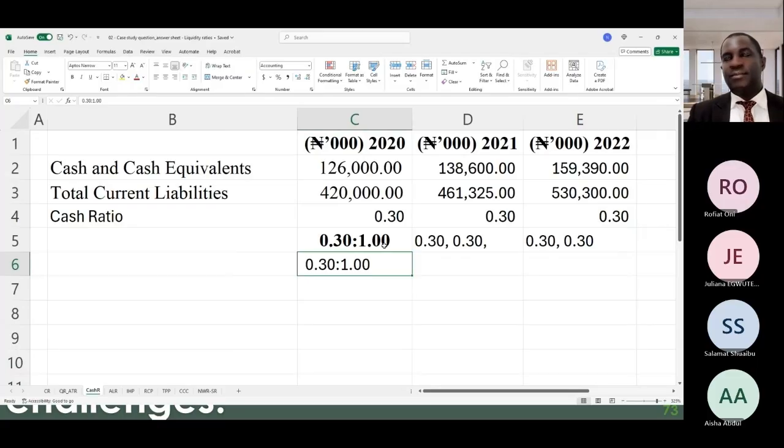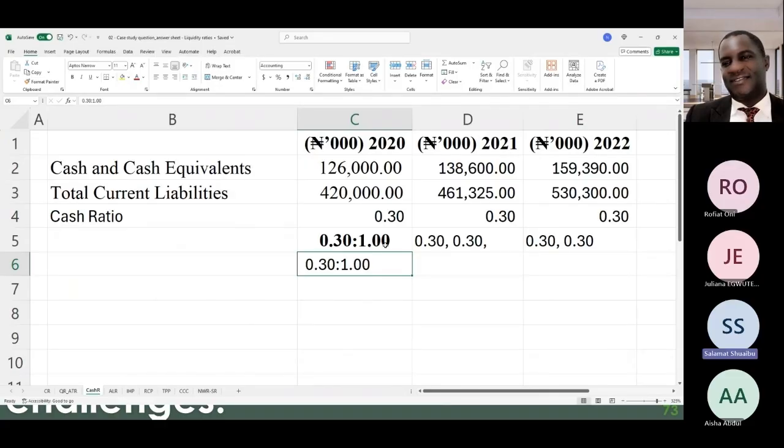You can easily understand it. But in ratio terms, you use how many times, not percentage, so you say 0.30 or 0.3:1. On a scale of 1 to 10, cash ratio is 3 and current liability is 10. You can just use that to understand the numbers.